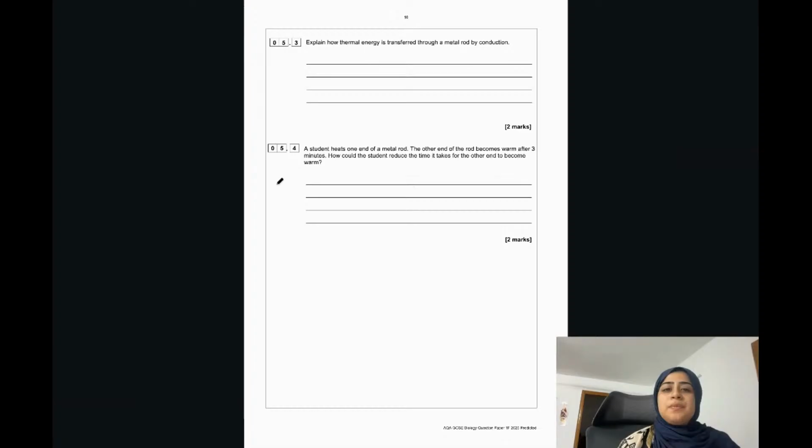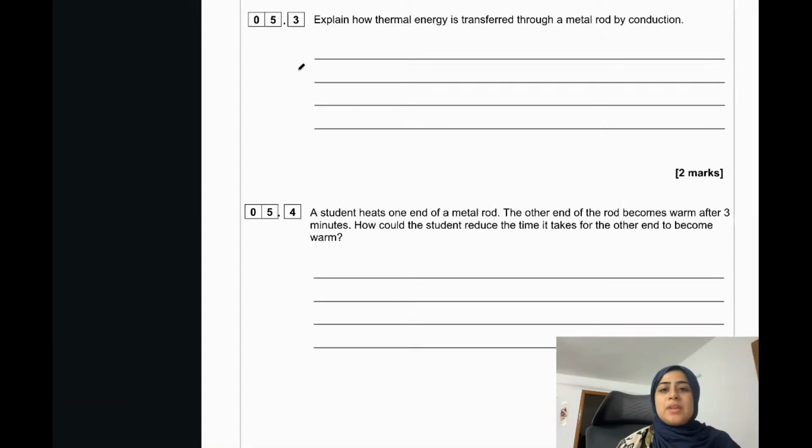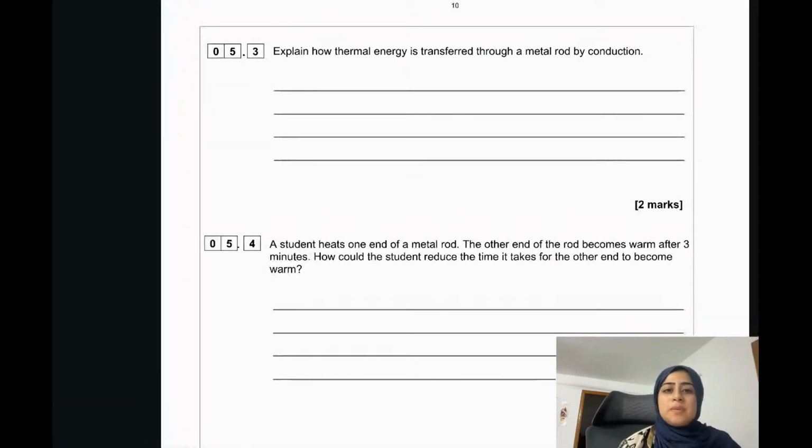Okay, awesome. Next question. Explain how thermal energy is transferred through a metal rod by conduction. So conduction is where particles, these are key words for conduction and convection. So this is conduction now.